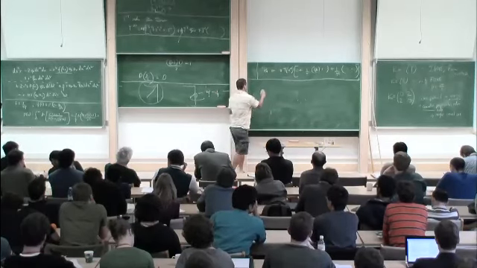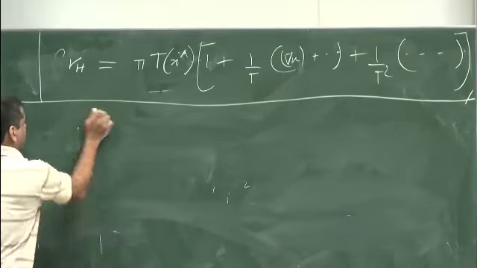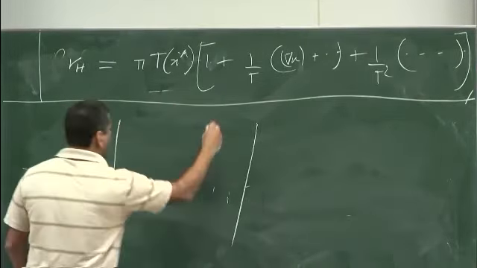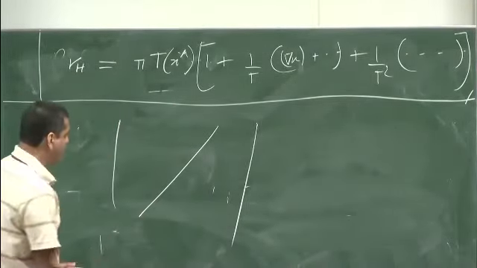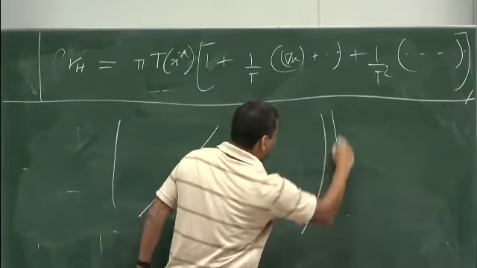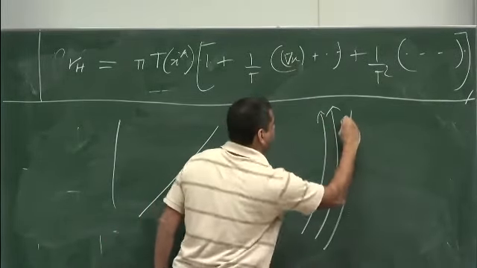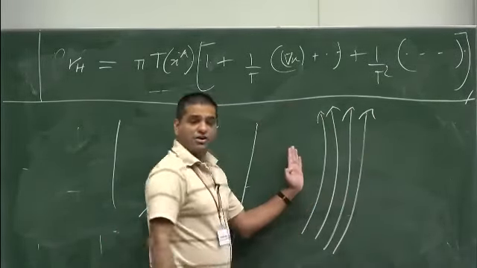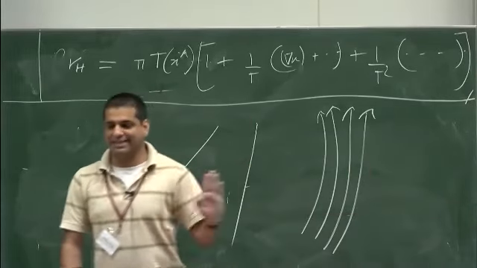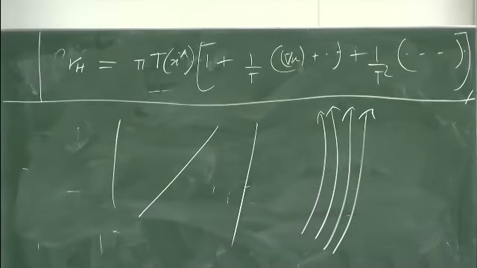See, in any space-time, suppose you've got an event horizon. So you've got some space-time and you've got some event horizon surface. Now, there's something that is always true of all event horizons. That is, event horizons are generated by null geodesics. Okay?